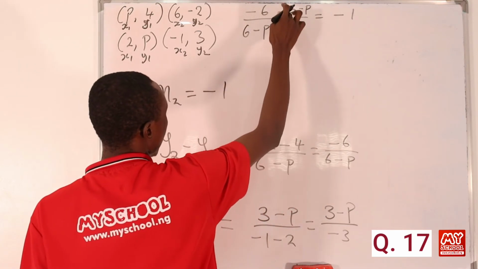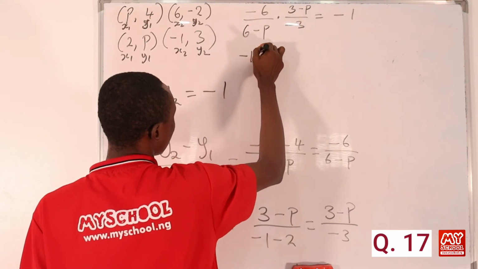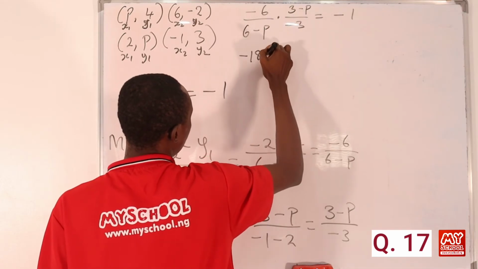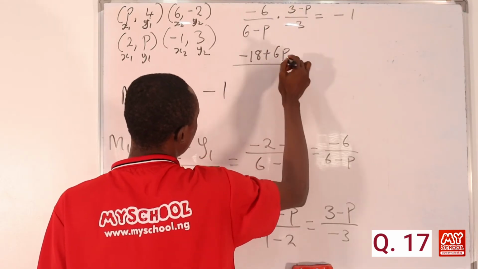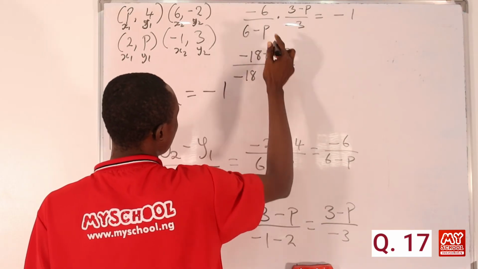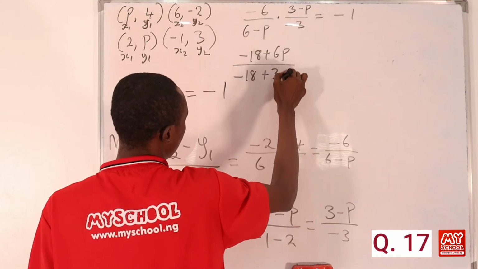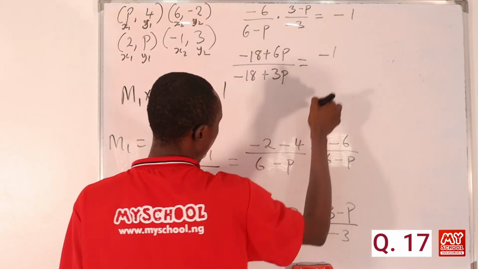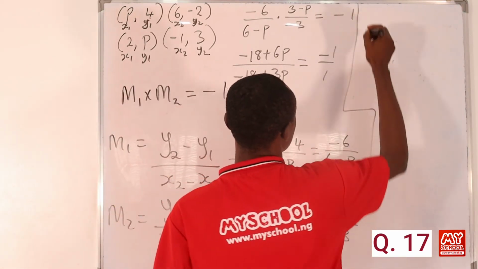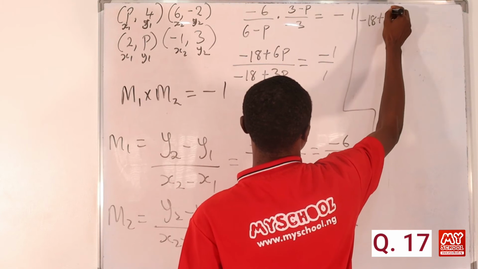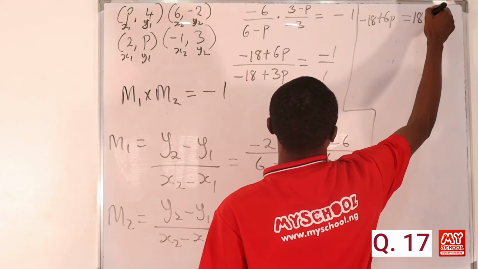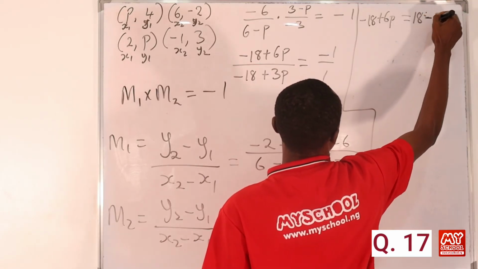If we multiply out, we'll have minus 18, then minus 6 times minus p, that will give us plus 6p, over, then this multiplied out, we'll have minus 18, then this will give us plus 3p, right? Everything is equal to minus 1. Okay, so we cross multiply. If we cross multiply, we'll have minus 18 plus 6p is equal to 18, then minus 3p.